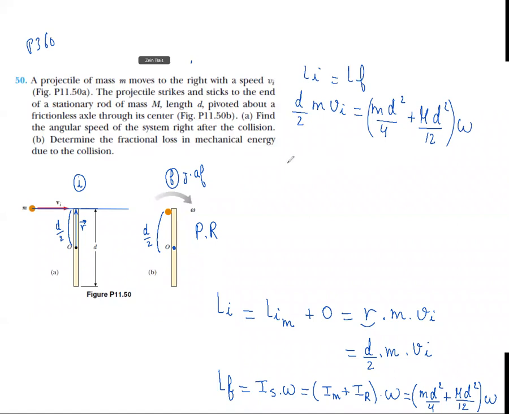So here we can write omega equals D M V initial divided by 2 times, we can put a common factor 12.